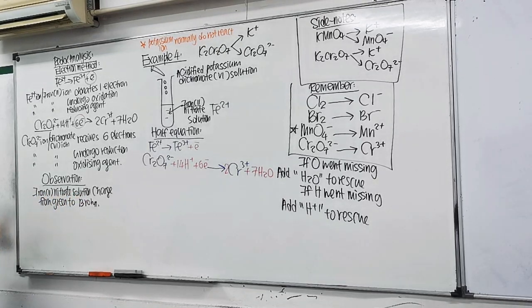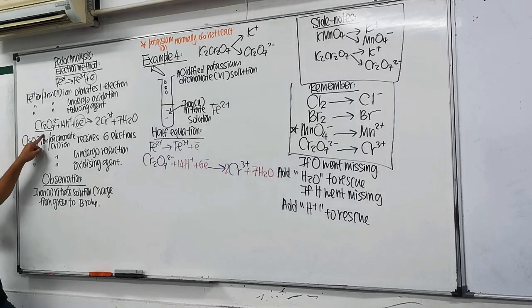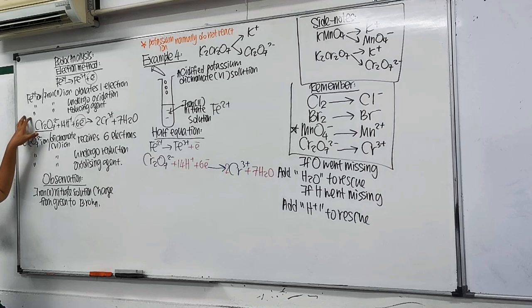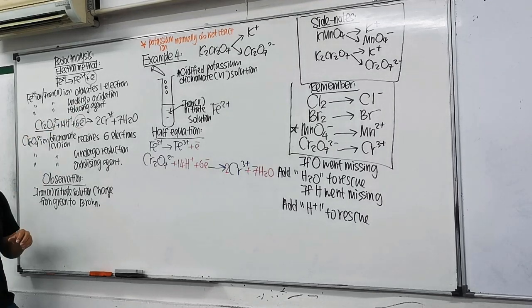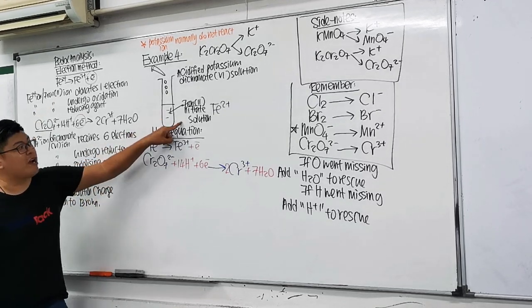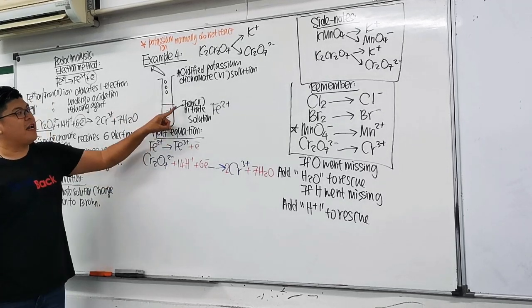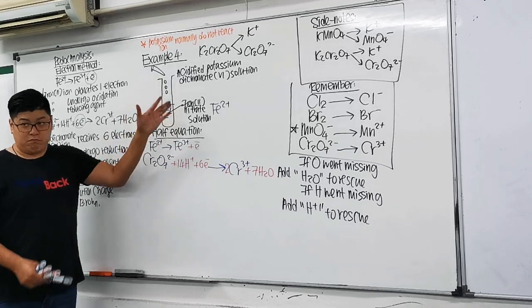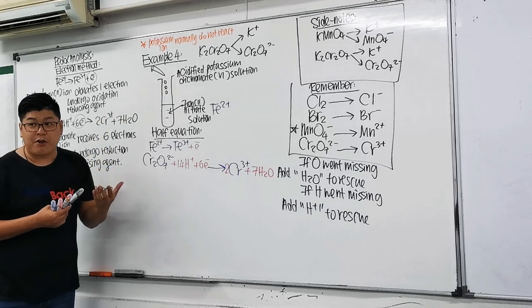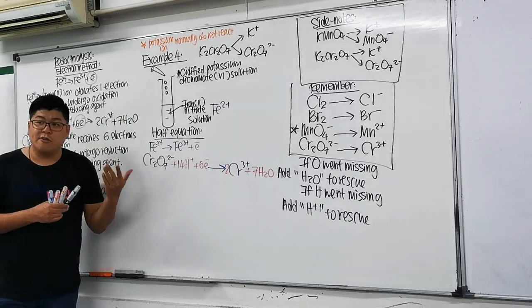Okay, now let's finish it. We left one more. What about this? Cr2O7 becomes Cr3 plus. I don't need to teach you that, because you already told people the iron 2 nitrate changed from green to brown. But for acidified potassium dichromate, you don't even need to look at the half equation because you learned it in chapter 2.